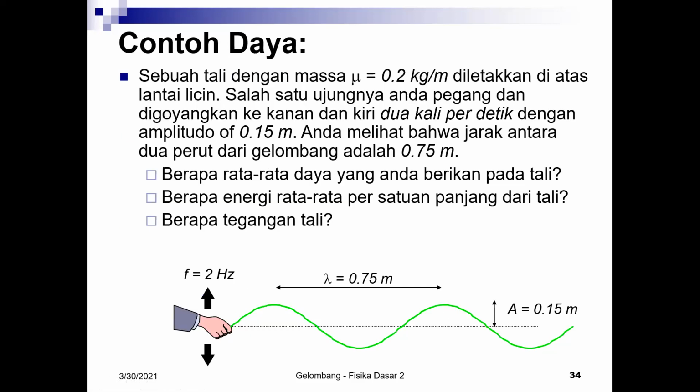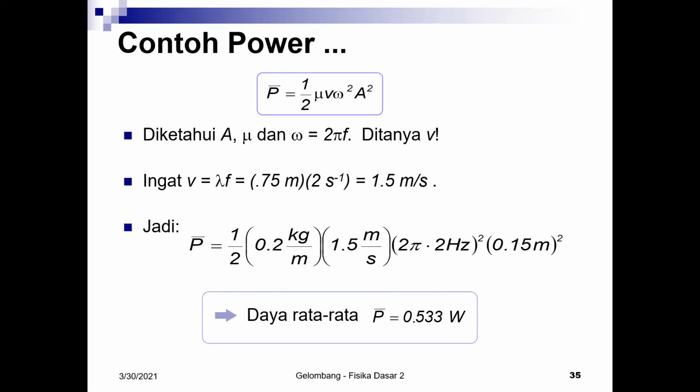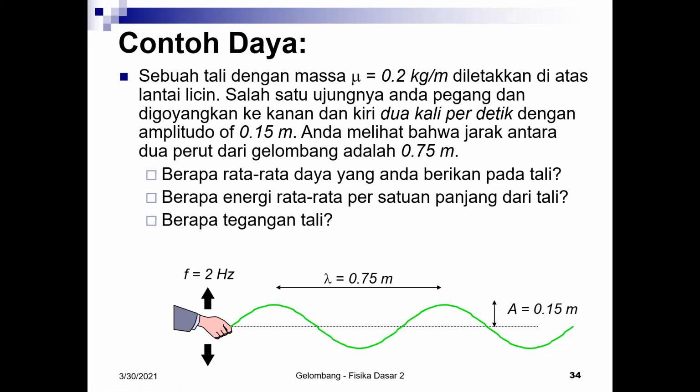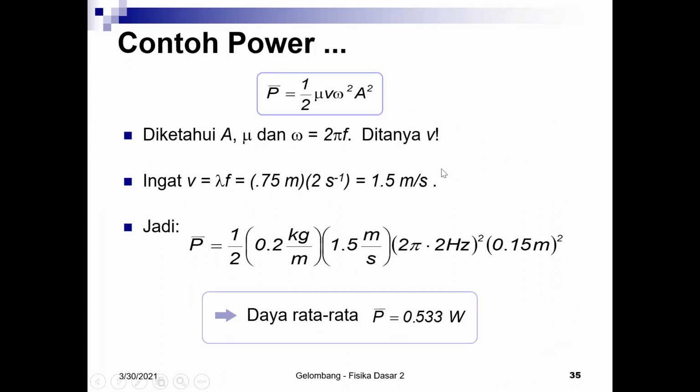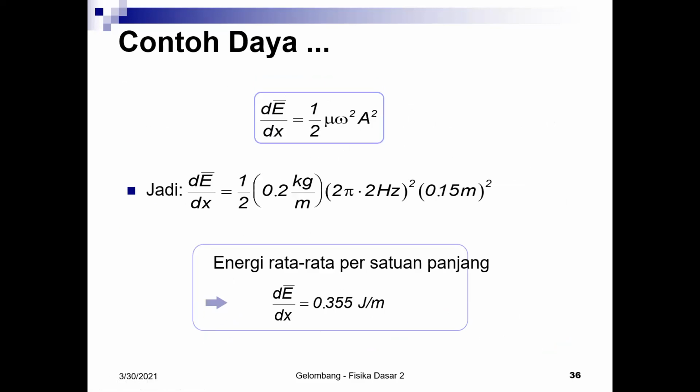Then we compute the average power on the string. You can insert directly into this formula and then we get this one. For the energy per length, you just insert the result before, then we get this one.